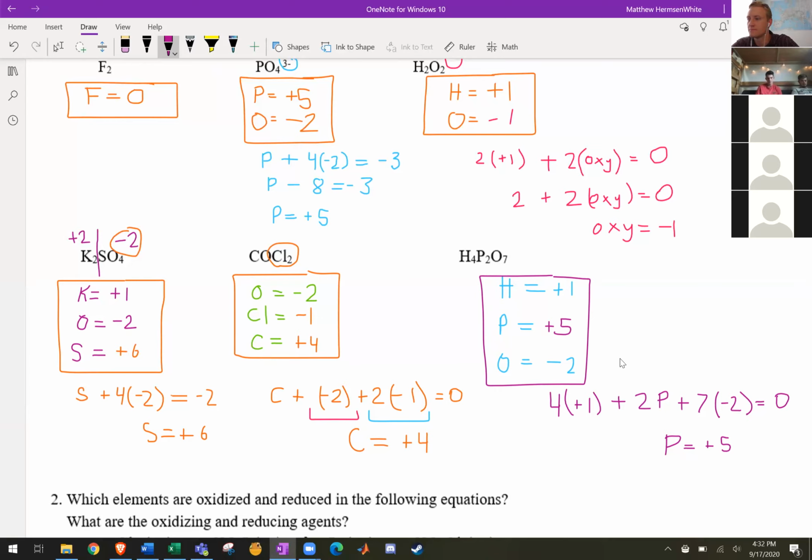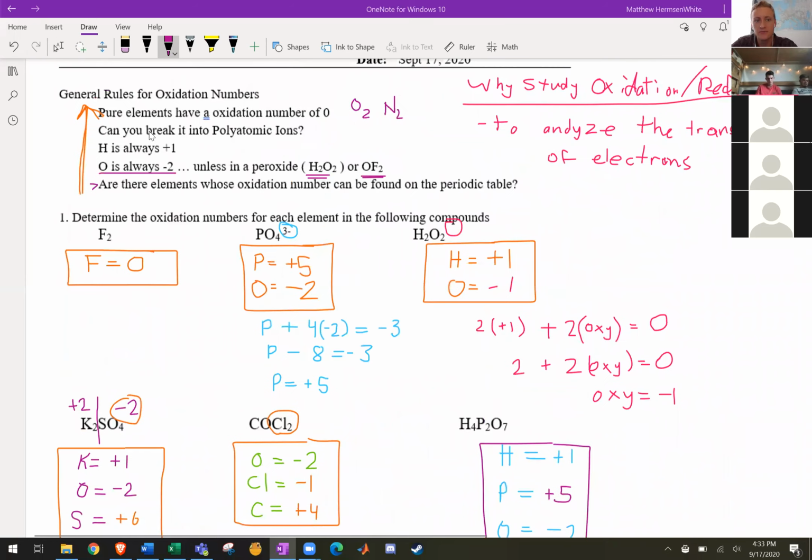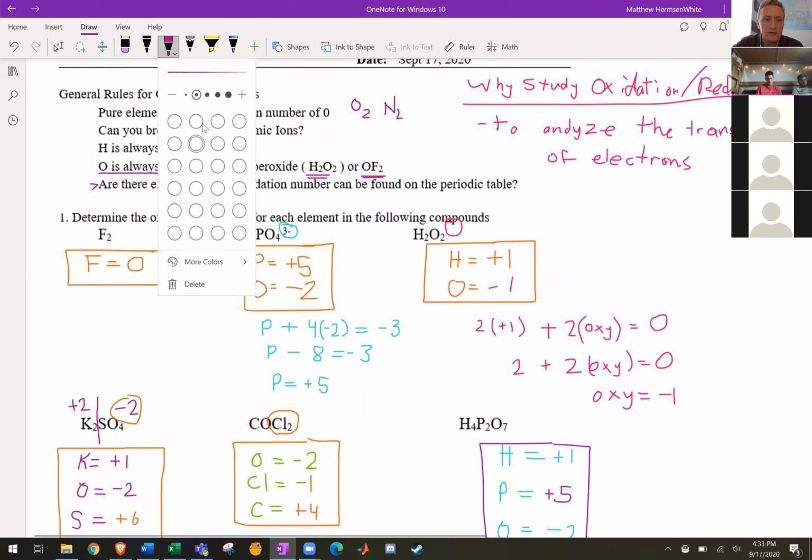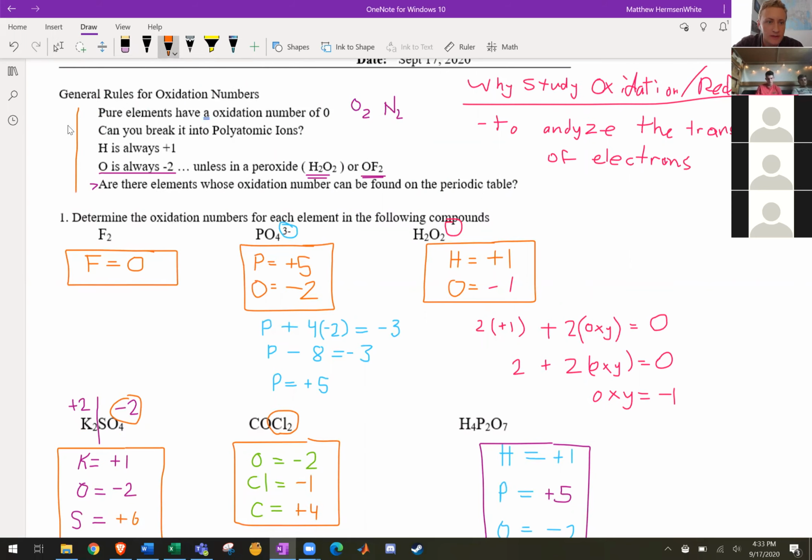So why is it sometimes like we can just look at the periodic table and write down a number, and then why is it sometimes we have to solve for it, like the K2SO4? Good question, Kristen. I couldn't give you a technical reason, but for me, the reasoning falls in the order of this hierarchy that I've made. The reason I put the rules in this order is because you should do everything else you can possibly do and then use the periodic table as a last resort.